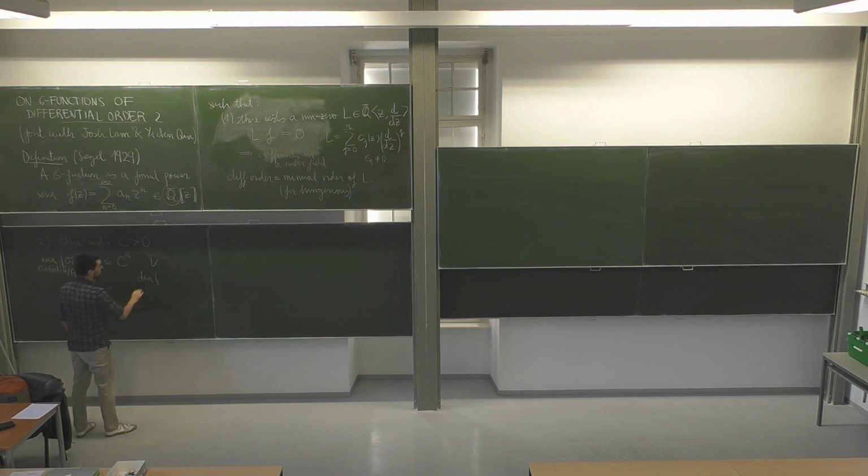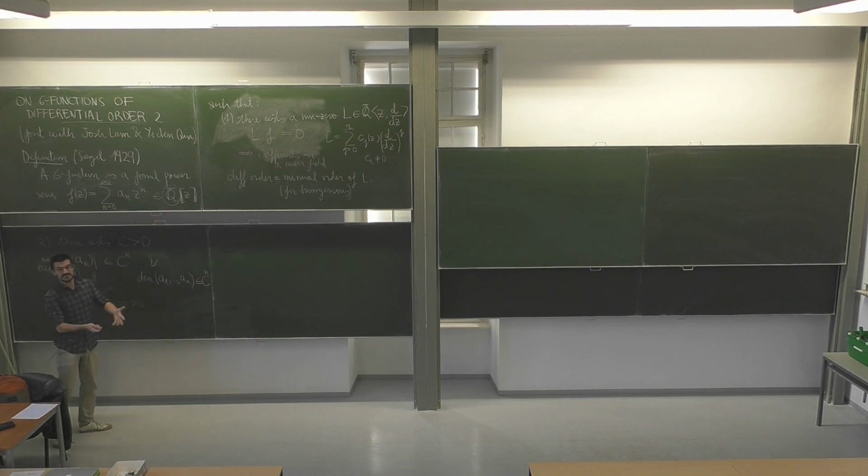Okay, so we look at the first coefficients, a_0, a_1, up to a_n, and we want the common denominator to be at most C to the n. Okay. So what does this mean? Does it mean common denominator? If these are rational numbers, it's literally the common denominator. And otherwise, these are algebraic numbers.